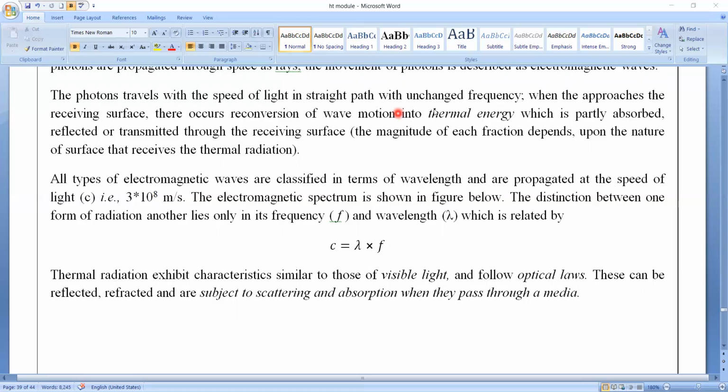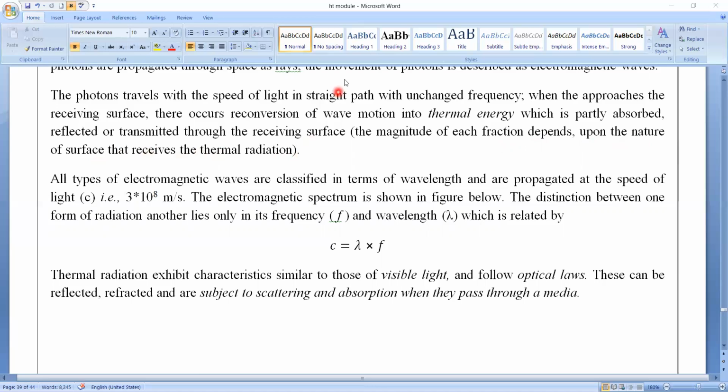When they approach the receiving surface, there occurs reconversion of wave motion into thermal energy, which is partly absorbed, reflected, or transmitted through the receiving surface. The magnitude of each fraction depends on the nature of the surface that receives the thermal radiation.